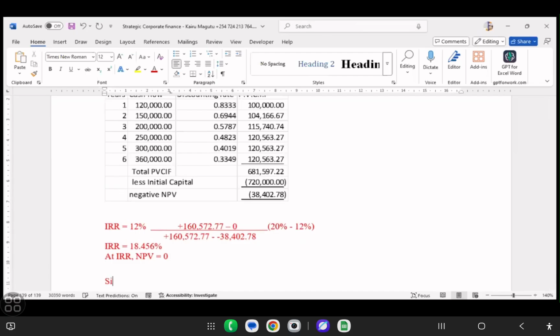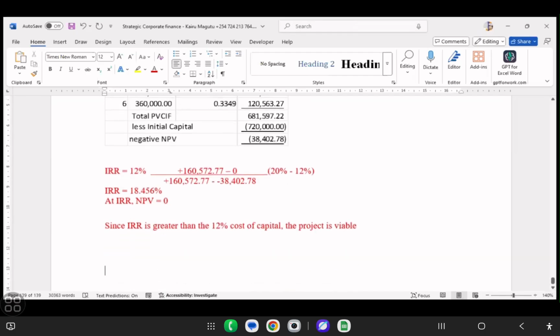And therefore, since our IRR is greater than the 12% cost of capital, the project is viable. The project is viable.